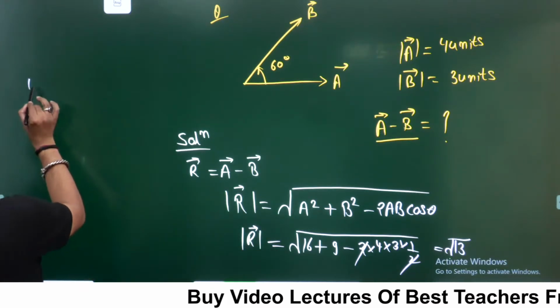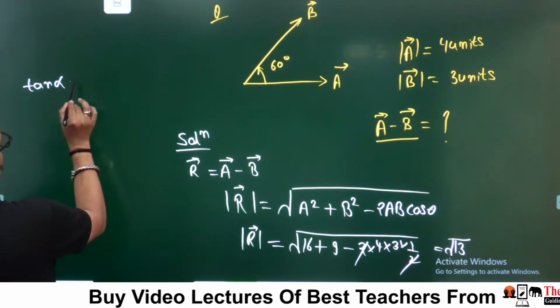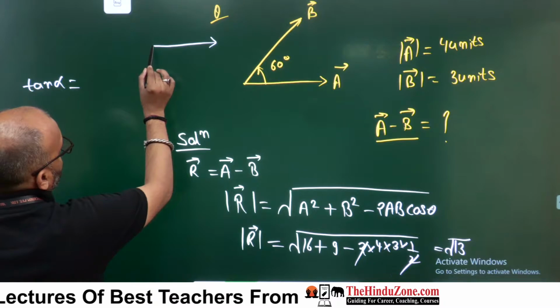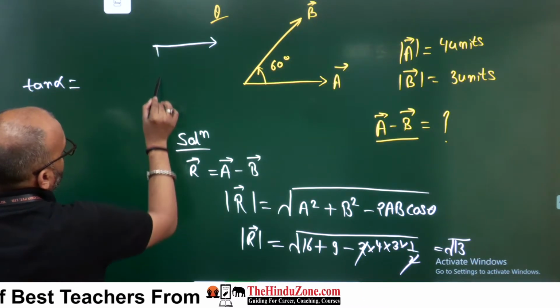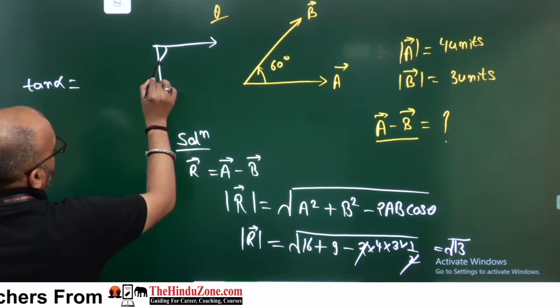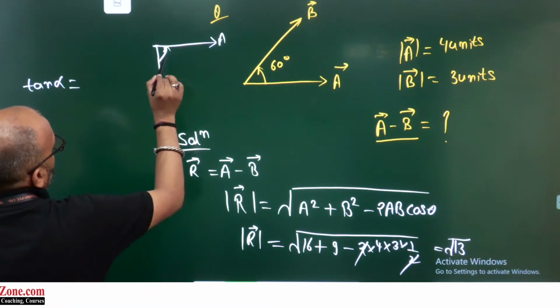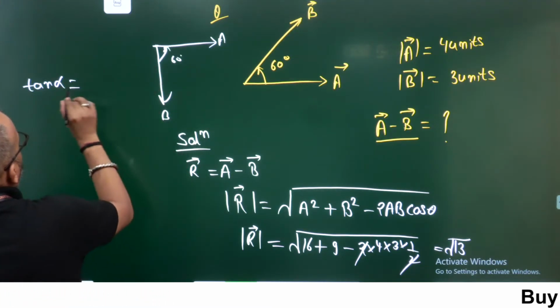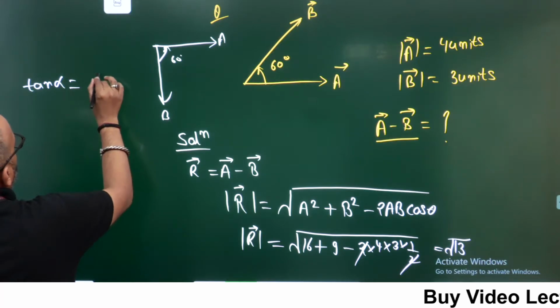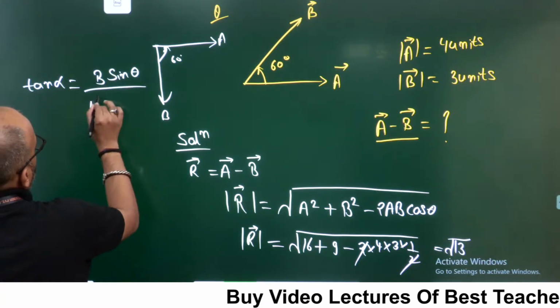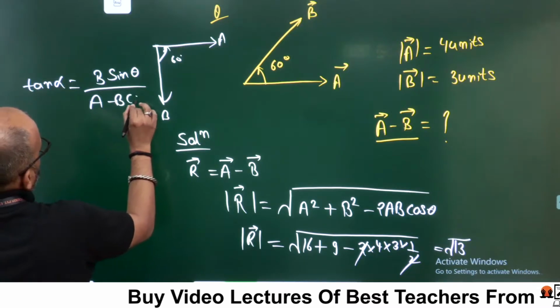What about direction? So tan alpha, this is A minus B. Yes or no? Yes, sir. Tan alpha is equal to B sin theta upon A minus B cos theta.